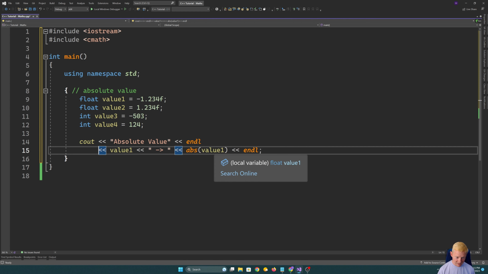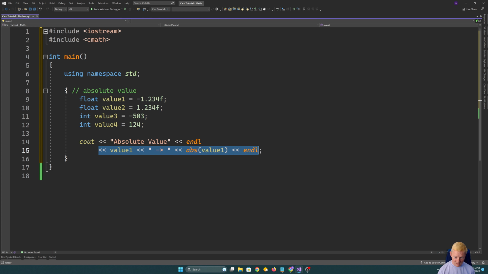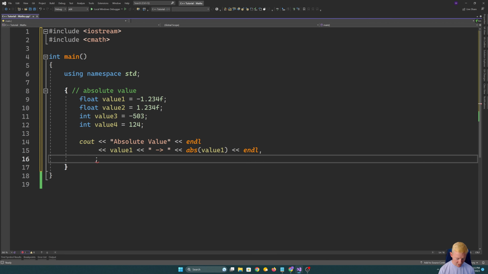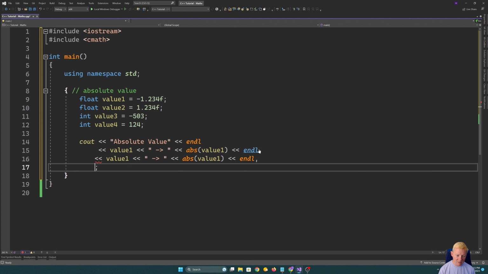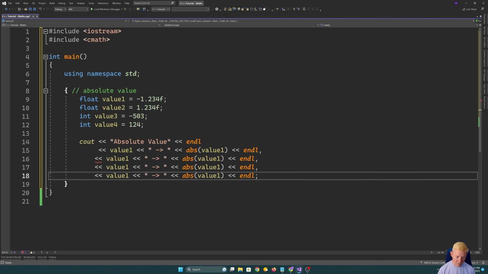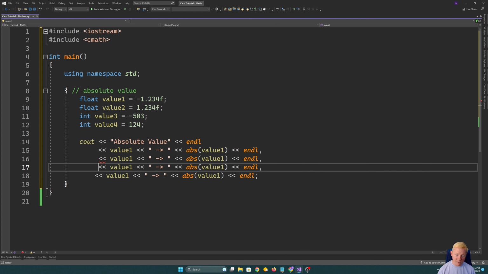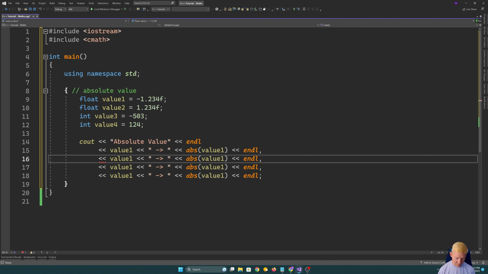I'm then going to chuck in a whole bunch of these for each of the particular ones. And what we should find is the values that are positive won't change, but the values that are negative will change.